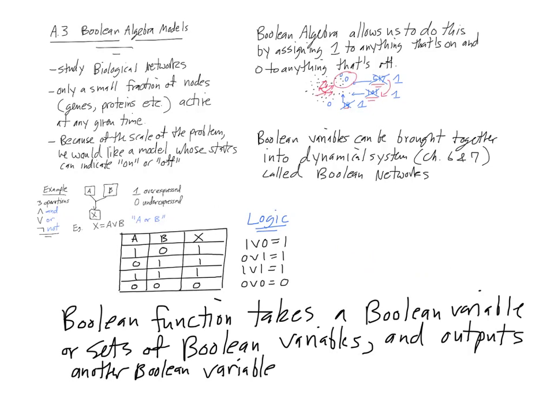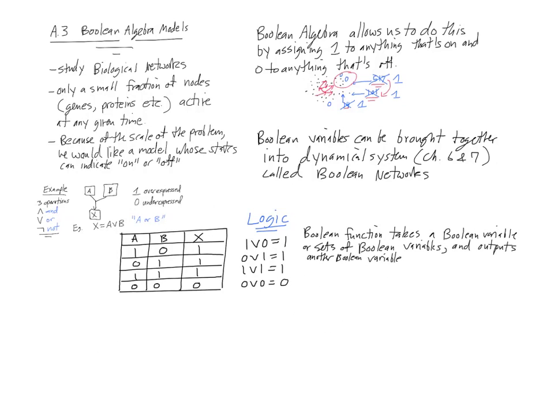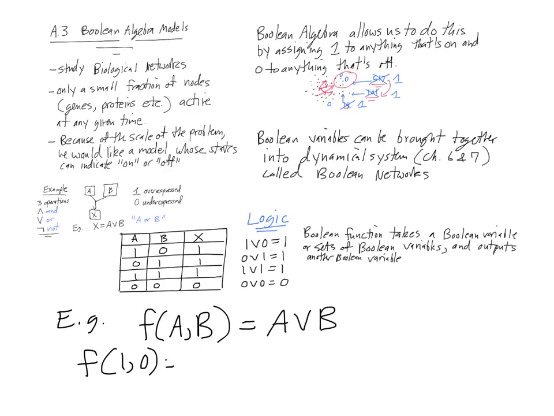So in this particular case, e.g. in our example, we'll call, let's say, f of ab, so it's a function of two Boolean variables, is just a or b. And so, for example, f of 1, 0 is 1 or 0, which is 1, but f of 0, 0 is just 0. Okay, so that's how we construct these Boolean networks here.